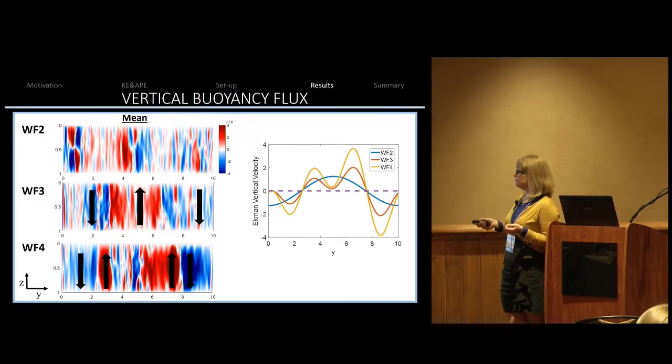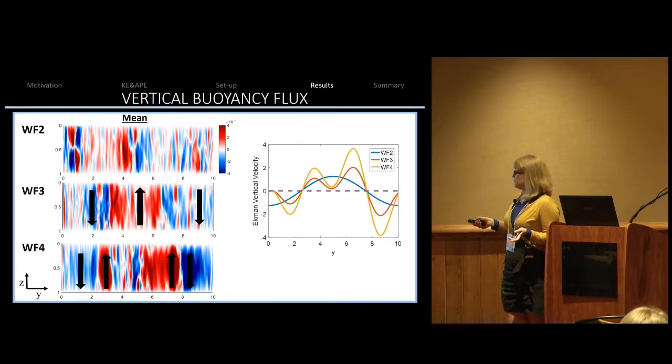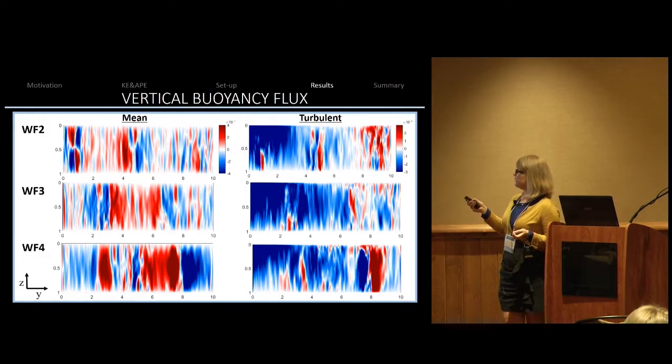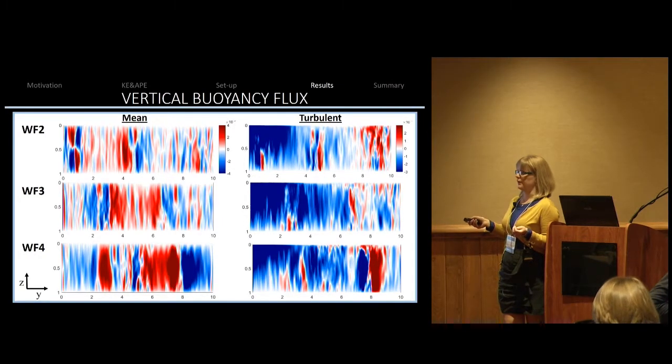So that's the upwelling of lighter fluid. And in this region, you have lowering of the dense fluid, so that's the decrease in APE. And similarly here you have upwelling of the dense fluid. If you look now at the turbulent component, it is largely negative, which is partially what we see in the ocean, and the eddies in this turbulent field are balancing the production of APE in the mean field.